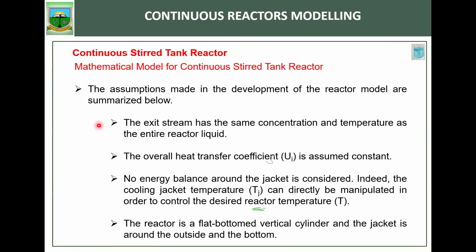Especially if you feel the temperature of the coolant is very important or it can cause a problem, then you need to also model it. It doesn't go too much to affect your reactor. Then also we assume that the reactor is a flat bottom vertical cylinder. So with this, we are able to calculate the heat transfer area around the jacket.